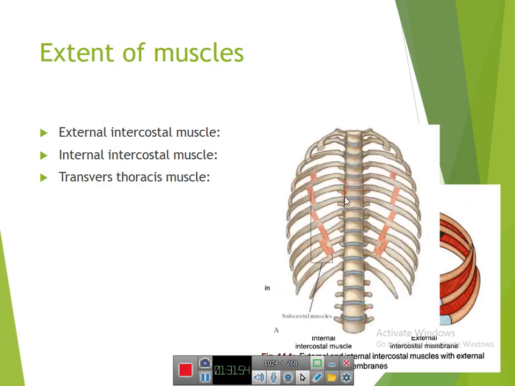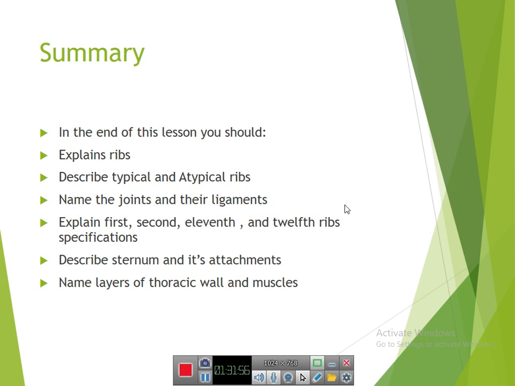In the summary of this lesson, I expect you should explain the ribs, describe typical and atypical ribs, name the joints and their ligaments, and also explain the first, second, 11th and 12th ribs specifications.